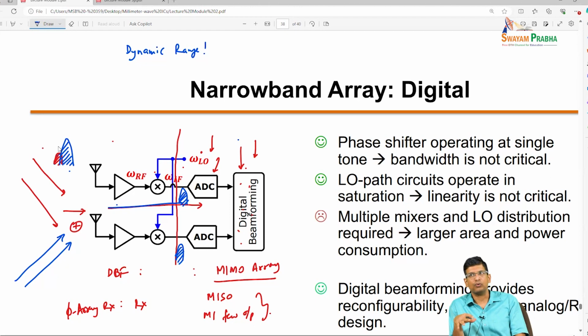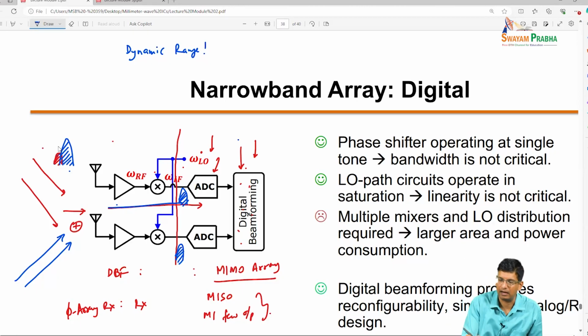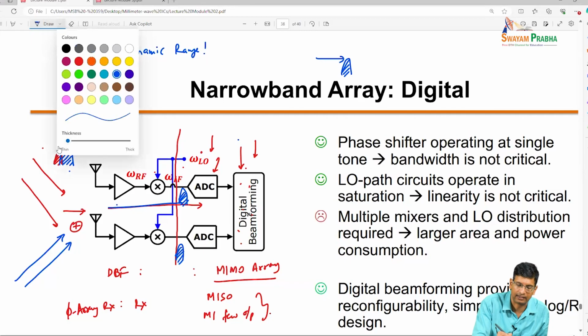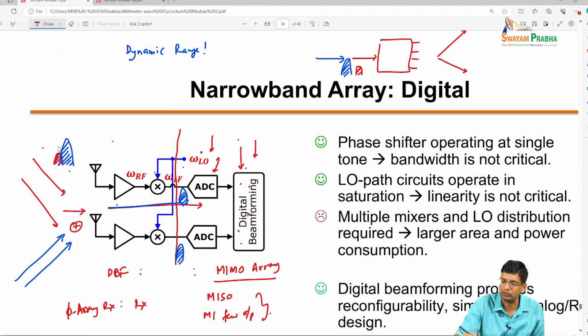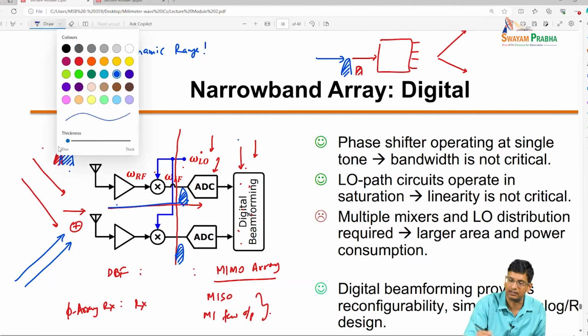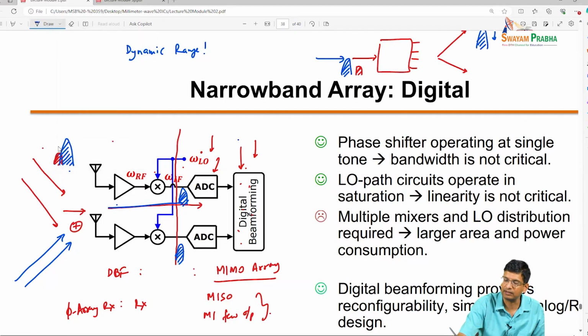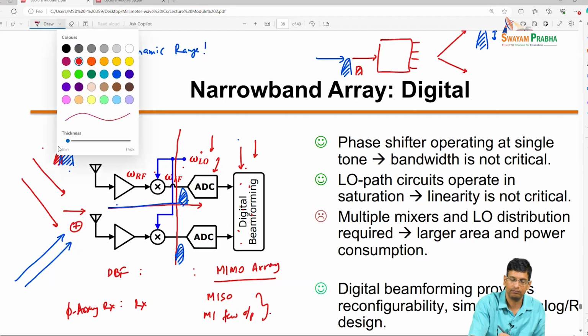So it is true that we create some nulls in certain directions, but effectively, if the DAT has some spurious tones, let's say that my TX has inbuilt spurious tone generation, and I have a phased array, then no matter what direction I go to, it might be true that in some directions I get a strong signal, right? But the relative ratio of the two will still be the same, right?